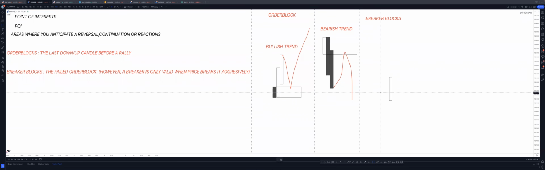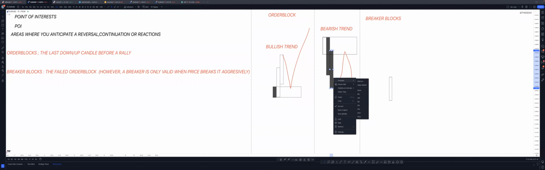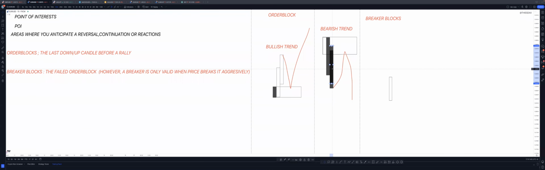And before the bullish trend, we have this order block right there. Let's clone this. Before the bullish trend, we have this order block right there.